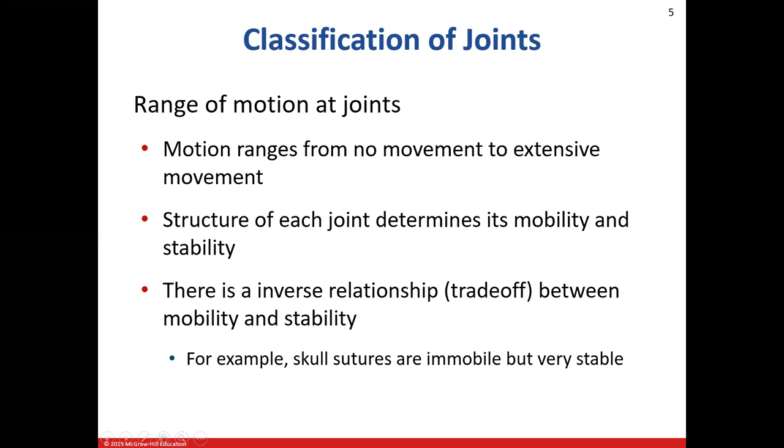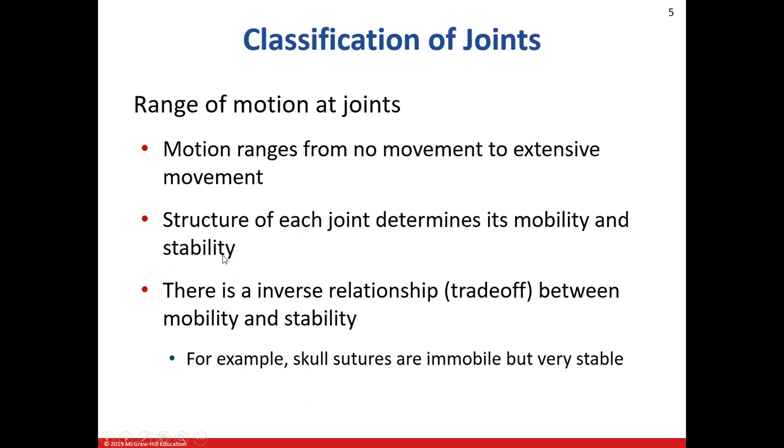So when we look at the movement, we have to look at the range of motion at the joints. Now, motion can actually range essentially from no movement to extensive movement, really of which we just saw in the functional classifications. But the amount of movement is determined by the structure of the joint, and that helps to determine its mobility, but also its stability.